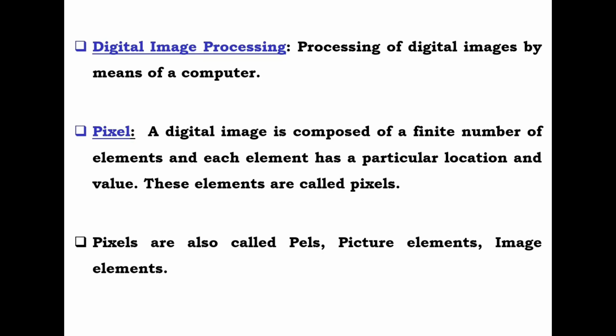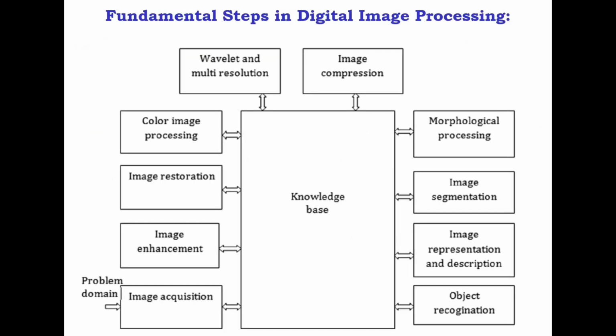So we can say that a pixel is the individual element in a digital image. These pixels can also be called pels, picture elements or image elements, but the most widely used term is pixels.